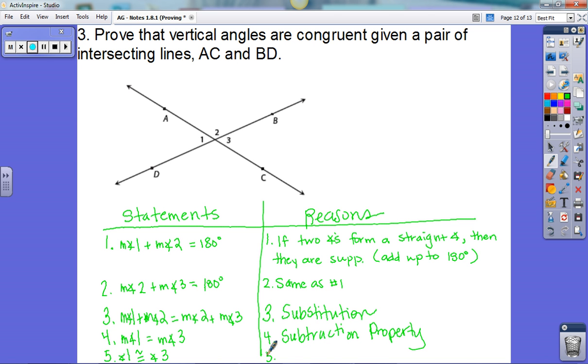And my reason for that is I'm just going to put since the measure of angle 1 equals the measure of angle 3, then angle 1 has to be congruent to angle 3. Alright, so that is not quite as formal as some of the ones we've done before, but nonetheless it has proven that angle 1 and angle 3 are congruent, which are my vertical angles.